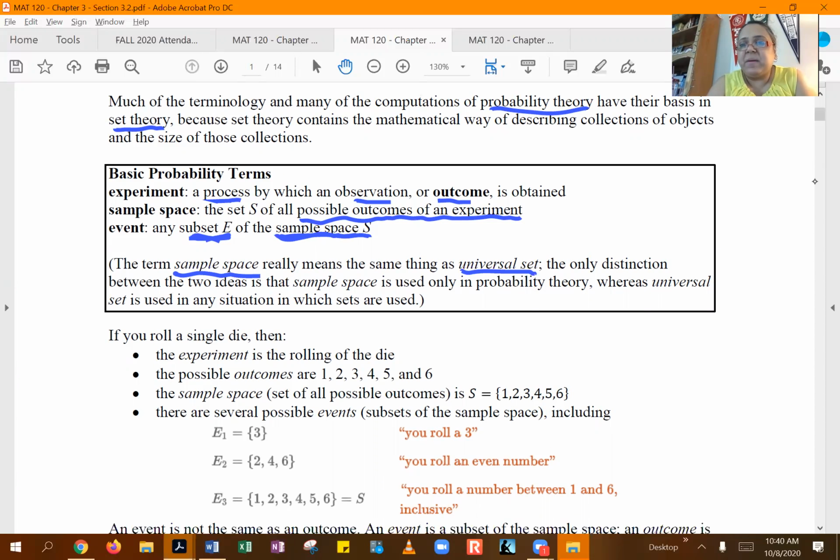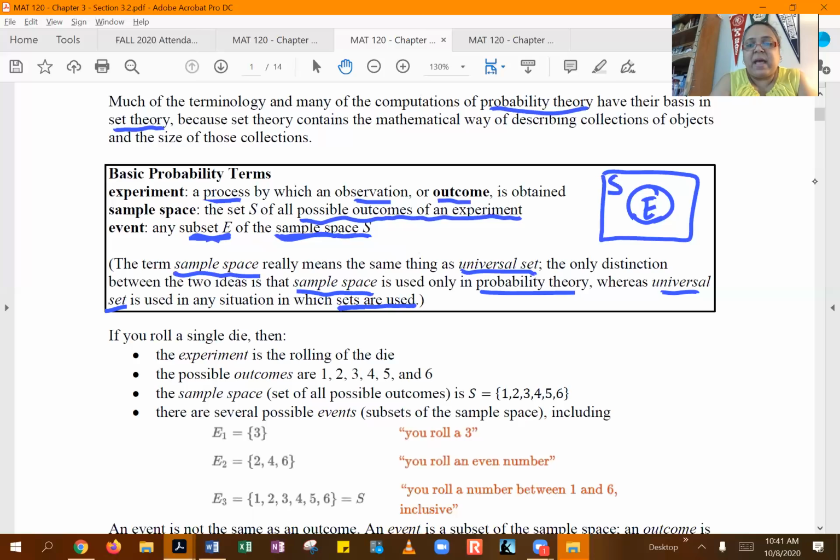So you can really think about the sample space being your universal set, and an event being a subset of that sample space. The distinction is that the sample space is a concept used in probability theory, but when we're talking about universal sets, we only talk about that when sets are being used.